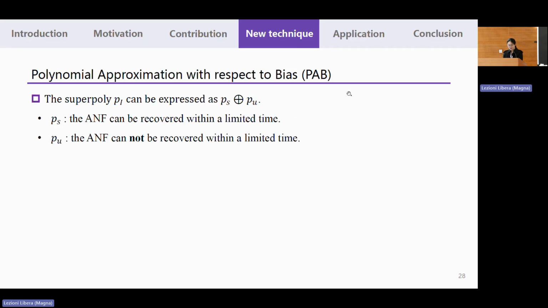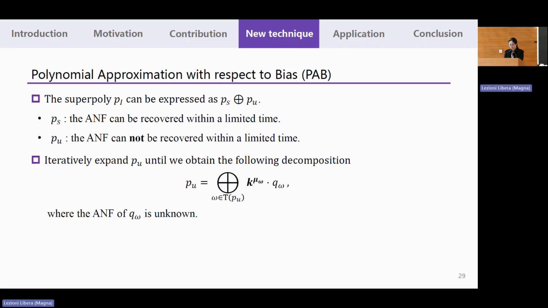Specifically, by employing the divide and conquer algorithm for polynomial recovery, we use MILP modeling to resolve each monomial involved in the superpoly. We set a time limit for a given cube I. Denote by Ps the sum of all monomials of the superpoly Pi that could be recovered efficiently using MILP solvers, and by Pu the sum of monomials that could not be recovered by MILP solvers within the time limit.